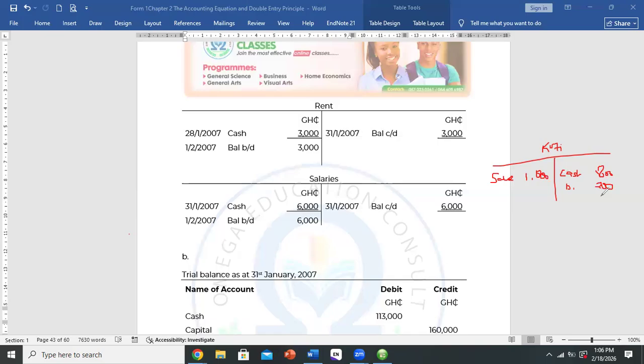In such a circumstance, just draw your total line like this on the same line and put in the total. So here will be 1,000. There will be 1,000. There will be no carried down, brought down. You don't need to write carried down and put 0 there. No. You don't put it in the account. So in the trial balance, such an account will not appear there. So that is the answer.